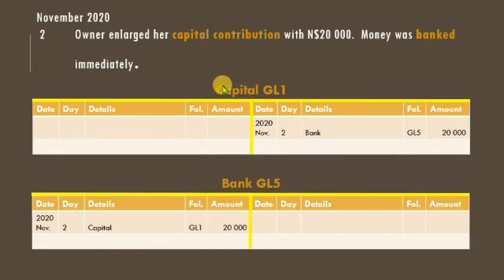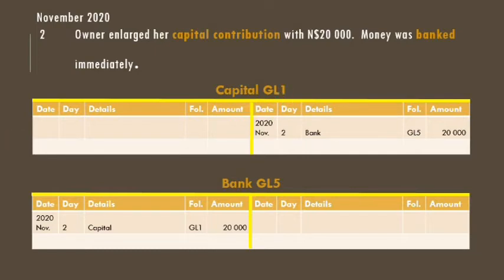We have the name on top, and we have this column, which is what we will use for the folio. This is a reference, meaning that if you want to look up something, then you can look at the references and you can actually trace a transaction. So we have the name on top, we have capital and we have bank.